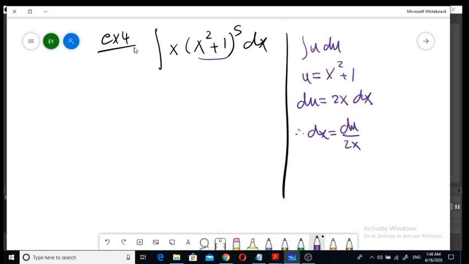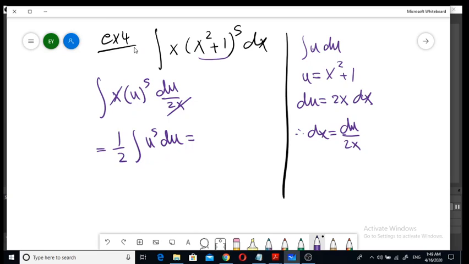Then we are going to replace u. We are going to replace x squared plus 1 by u, which is u^5, and dx by du over 2x. Then easily we can simplify x with x, and let's move 1 over 2 to the front, so it will be 1 over 2 the integral of u^5 du.